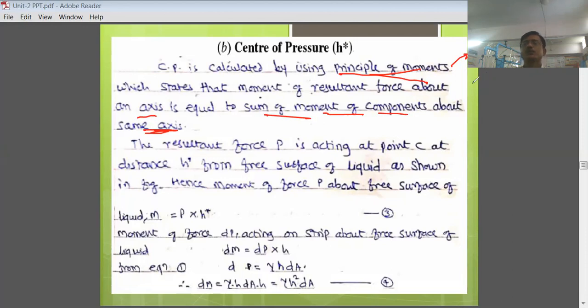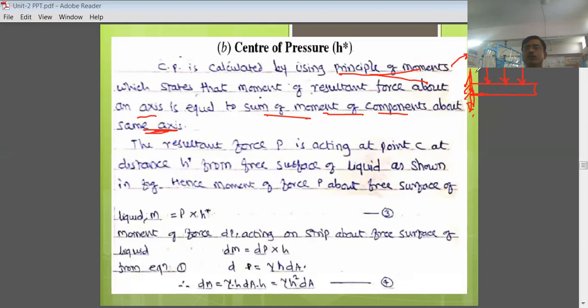Suppose there is a cantilever beam, and there are different forces acting on this particular beam. Let us consider these forces as P1, P2, and P3. These are the forces acting on this cantilever beam.